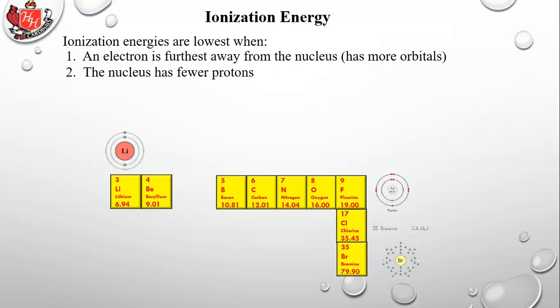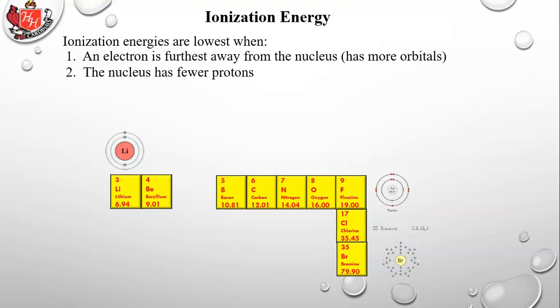So let's read this again. Ionization energies are lowest when an electron is furthest away from the nucleus, has more orbitals, and the nucleus has fewer protons. So we addressed that in the column there, even though fluorine has fewer protons, that's not the most significant factor. The most significant factor is that it has fewer orbitals and that the valence electrons are closer to the nucleus.